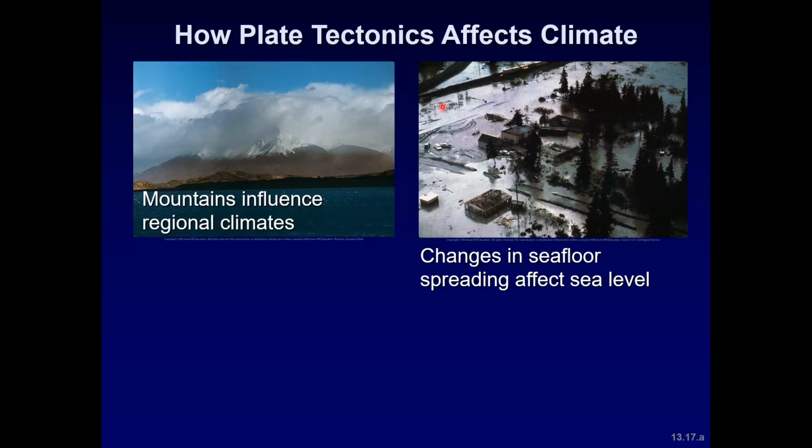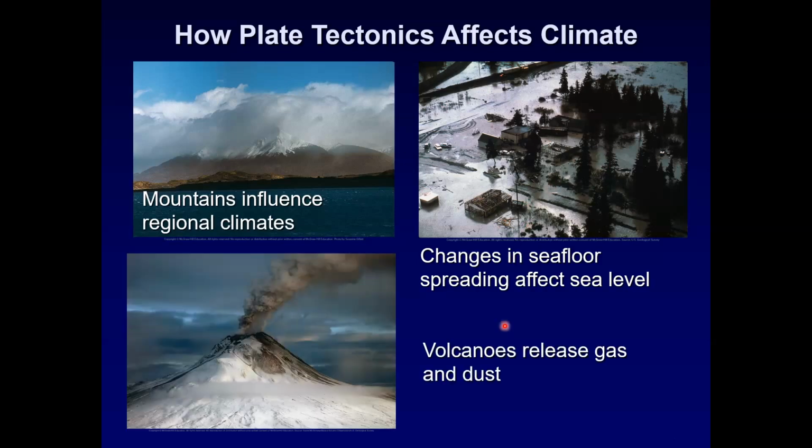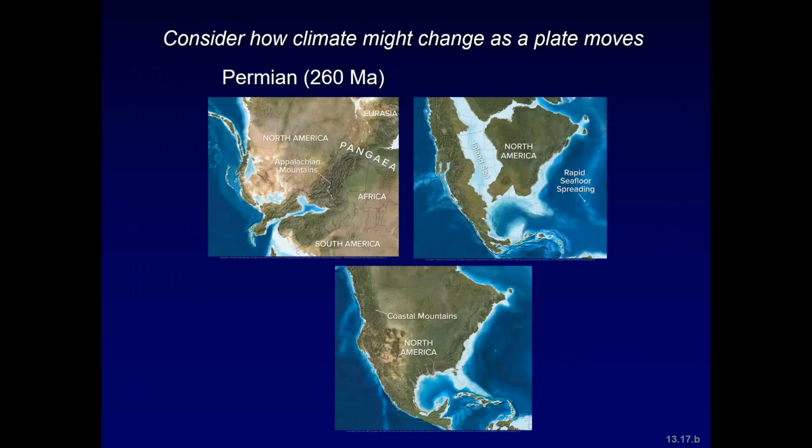We're seeing a flooded place here. Volcanic activity and eruptions release carbon dioxide and water vapor, which can warm the atmosphere. They can also give you a lot of dust particles, which messes up your growing season and could result in some cooling as well.